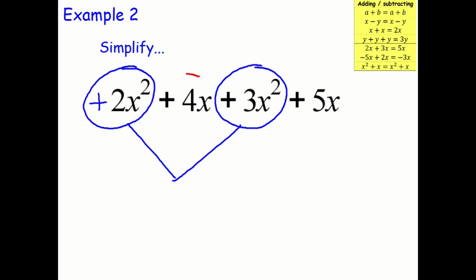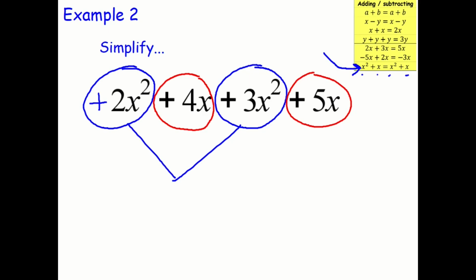They're not the same as these x terms. These are x terms, whereas the blue ones are x squared terms. And we talked about that rule, which you can see here at the bottom, that if you've got an x squared term and an x term, you can't simplify them. It would just stay as x squared plus x. Okay, they don't simplify any further.